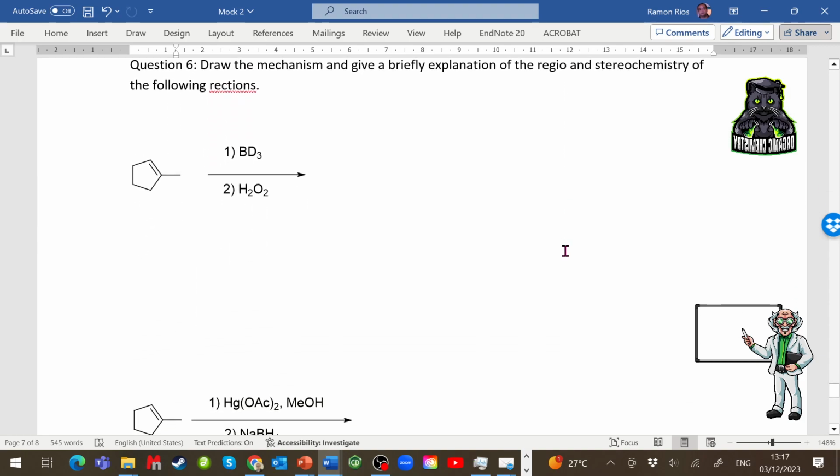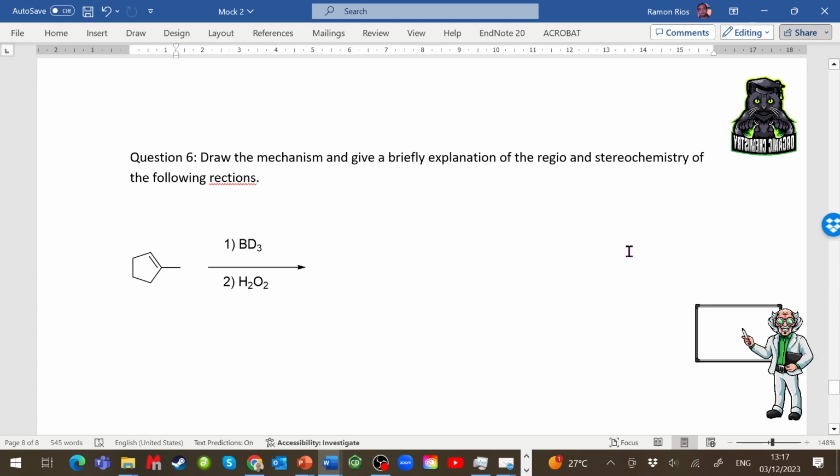Question 6. Draw the mechanism for the following reactions. Okay? First question, here is BD3. This is exactly the same as BH3, but using deuterium, that is an isotope of hydrogen, with 1 neutron and one proton.